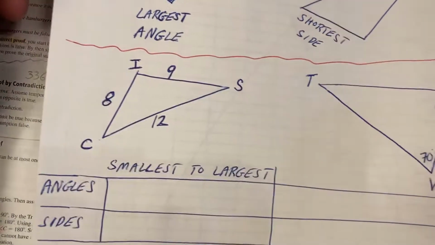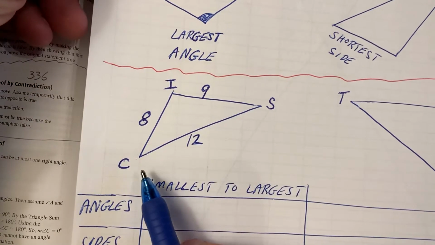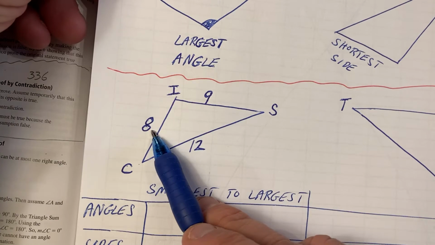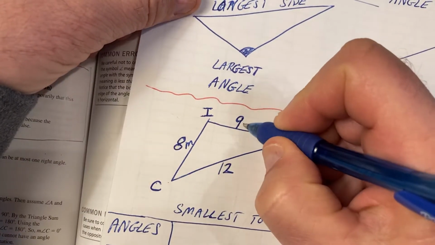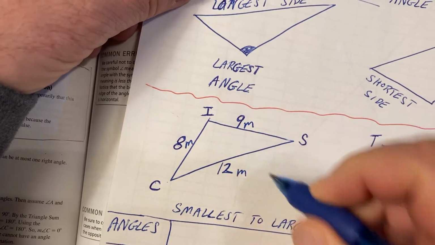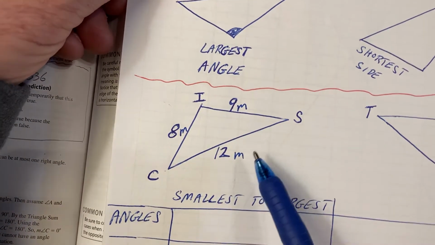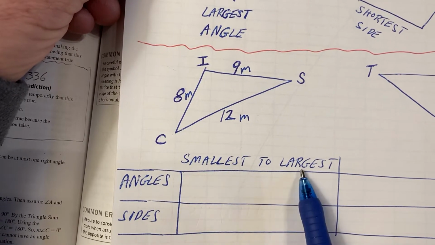So let's say we have a triangle CIS, and the sides are 8 meters, 9 meters, and 12 meters. We're going to write the angles from smallest to largest.